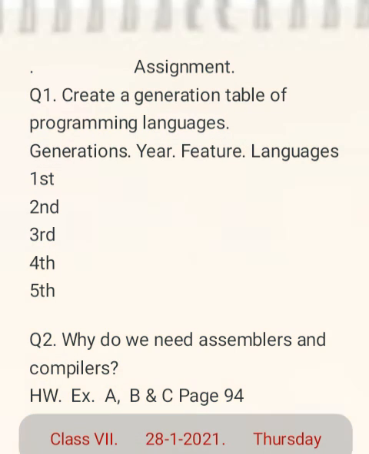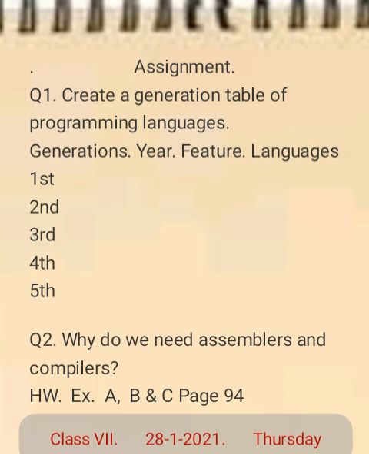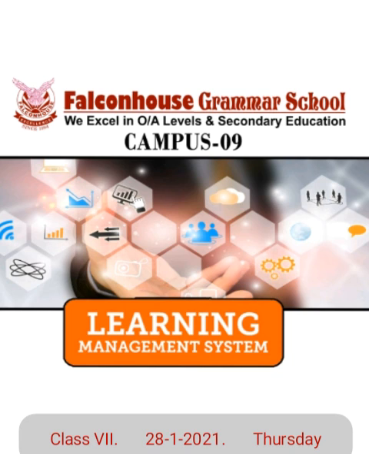Question number two is, why do we need an assembler and a compiler? You can write the definition of the assembler and the compiler. I hope you can do these questions easily in your exercise books. Also, you have to complete exercises A, B, and C in your textbook from page number 94.